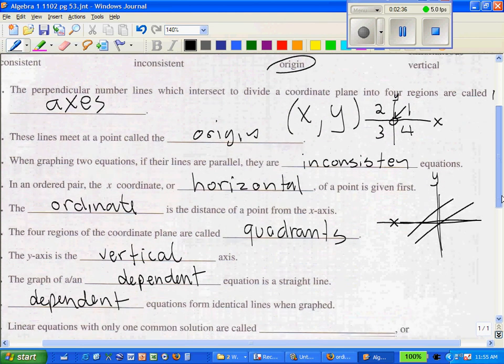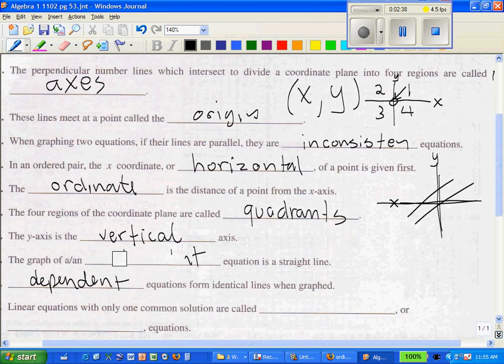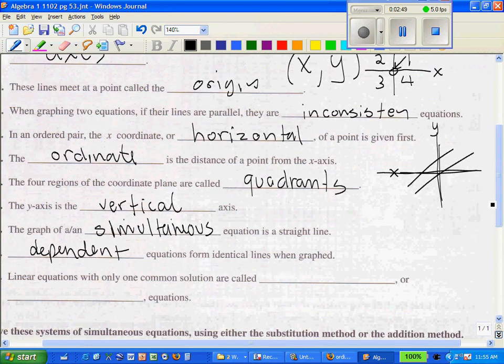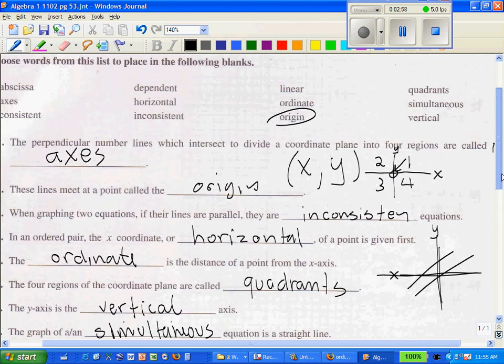Simultaneous. A simultaneous equation. I was right the first time. It's simultaneous. Simultaneous equation is a straight line. Linear equations with only one common solution are called, I don't know, linear equations with only one common, oh, those are simultaneous.